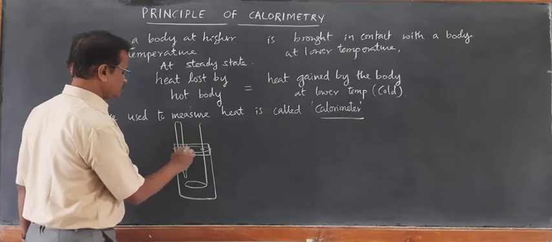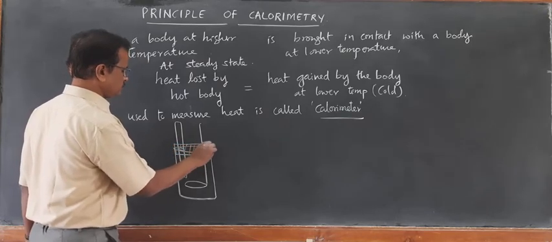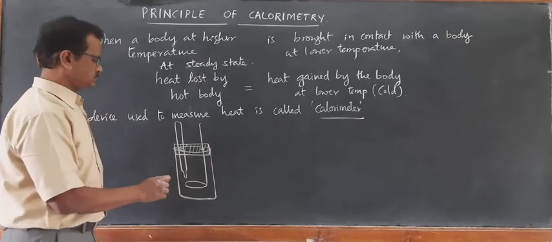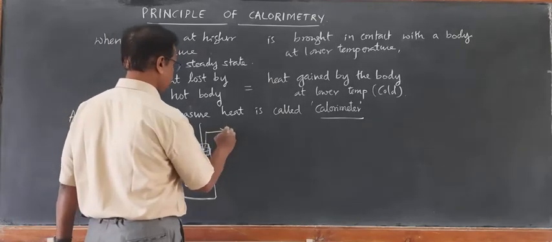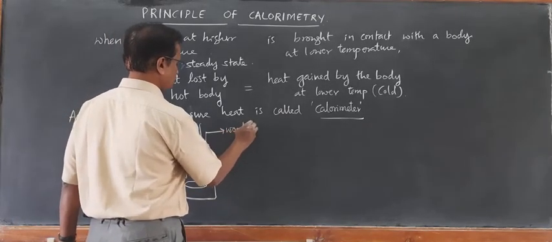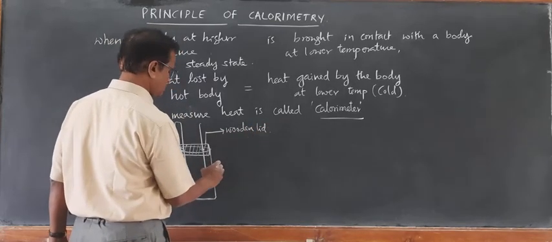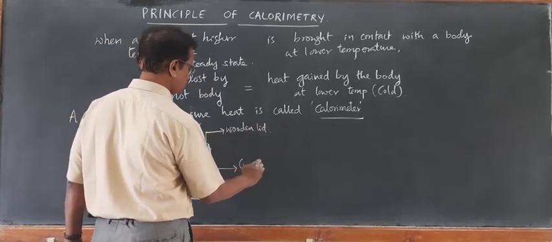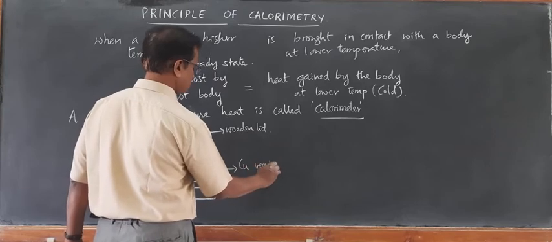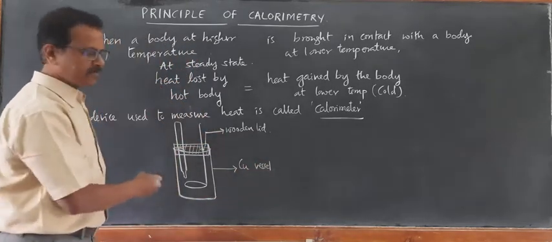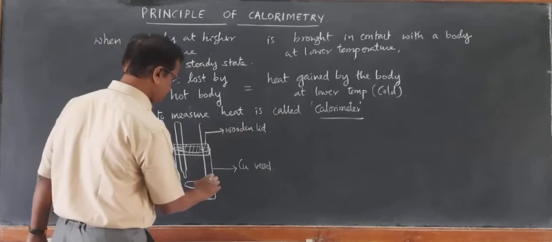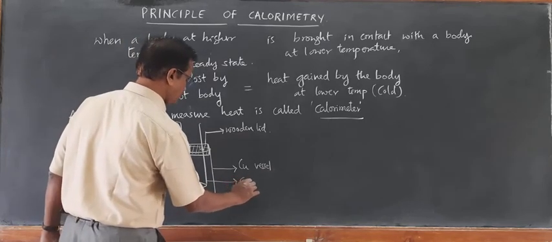So this is the insulator lid, a wooden lid, you can say, and here is the copper vessel or copper beaker, and this is the copper stirrer.